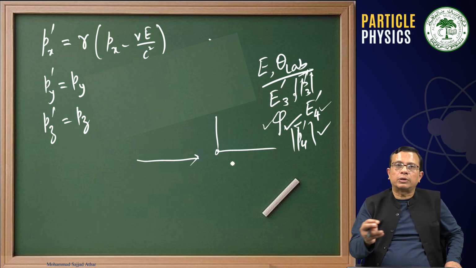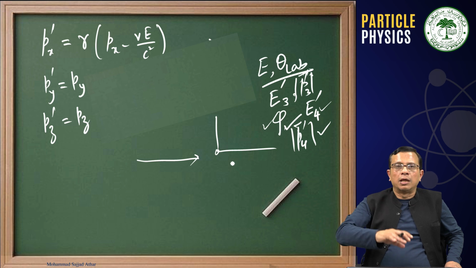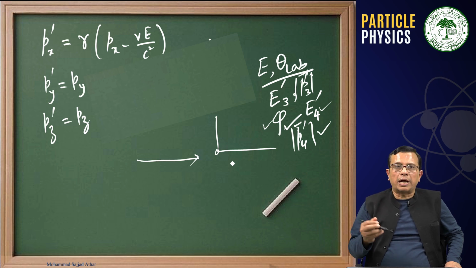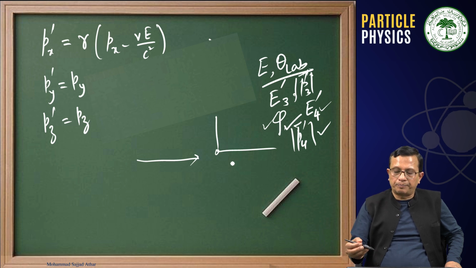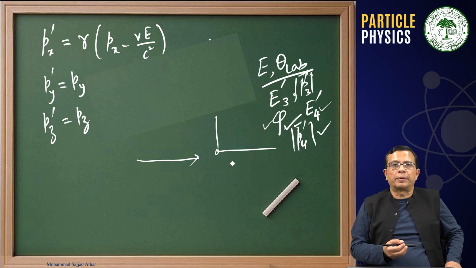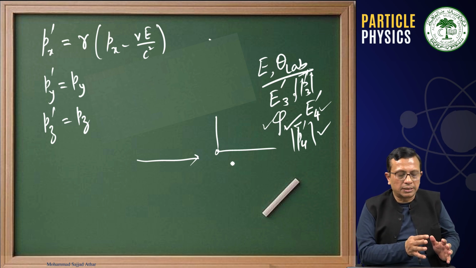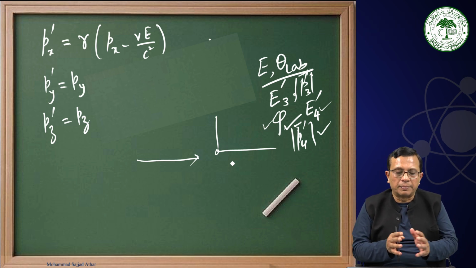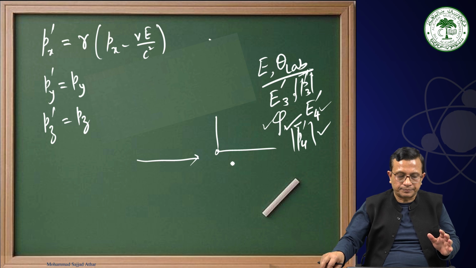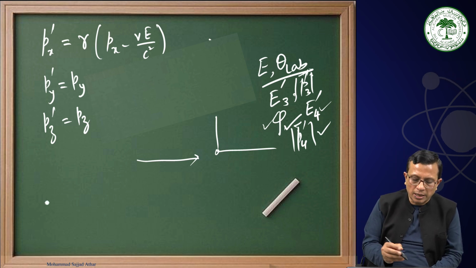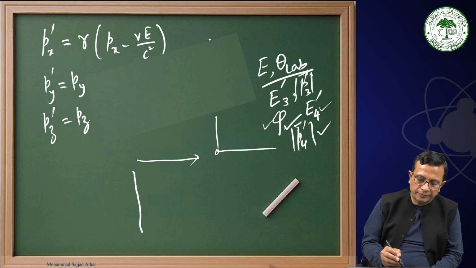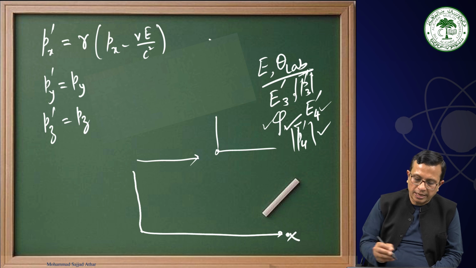Therefore, from here you can tell not only the magnitude but also the momentum for P3 and P4 prime. And that is the beauty: if I know the kinematical quantities in lab frame and center of mass frame, I can relate them.